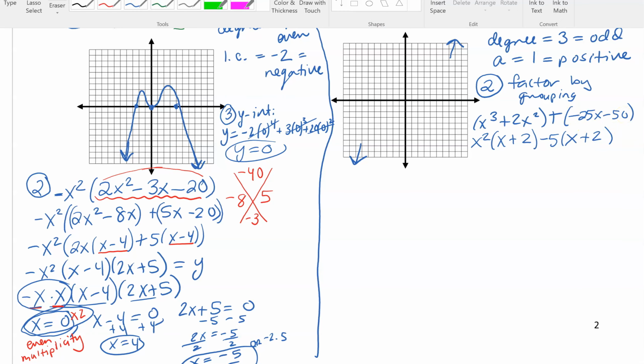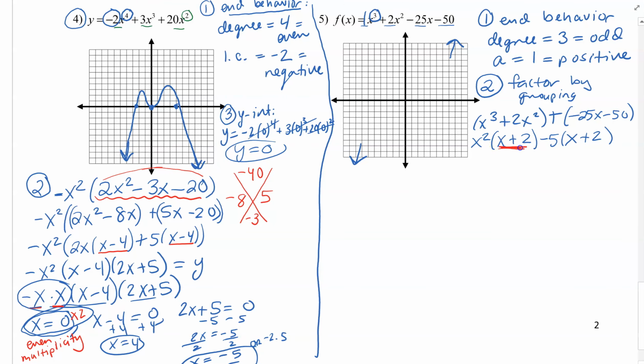And then what I notice from there is I have now a common binomial, right? That's the sign I'm doing it right. So I will factor out that binomial. So I'll take an x plus 2 from this part and also that part. And then I'm left with an x squared from the first part and a minus 5 from the second part. Oh my goodness, what am I saying?